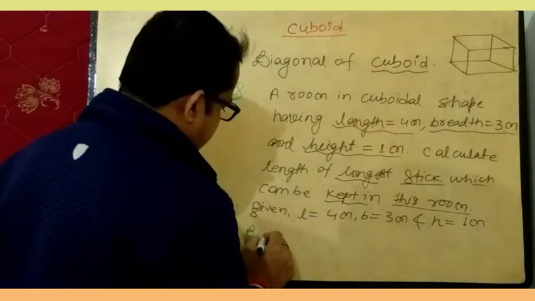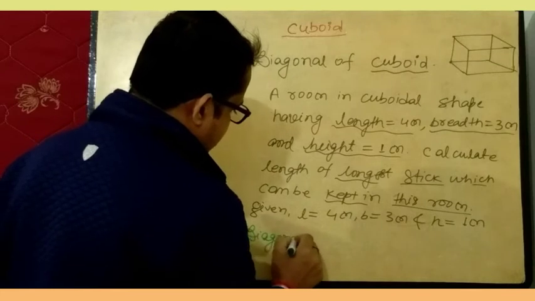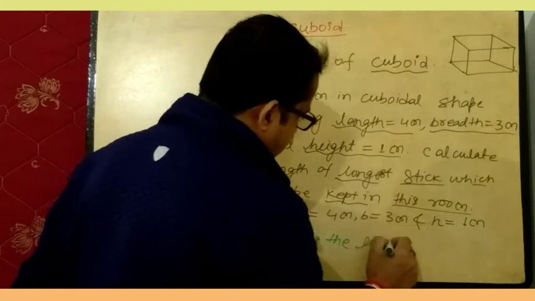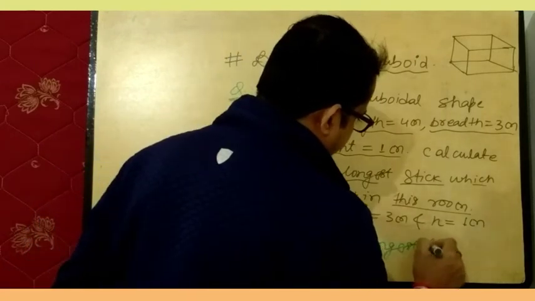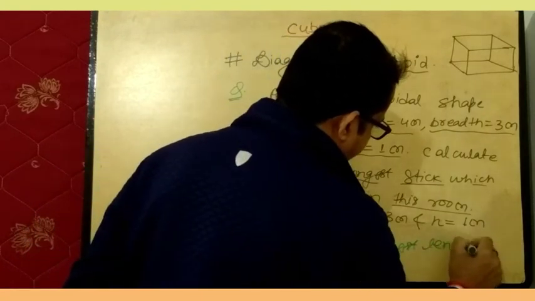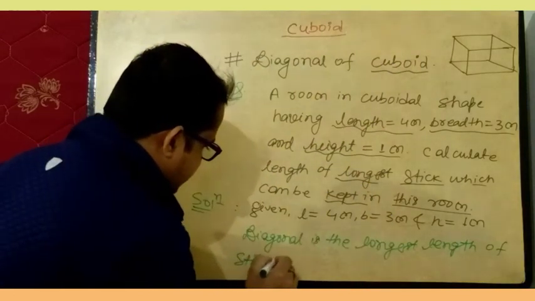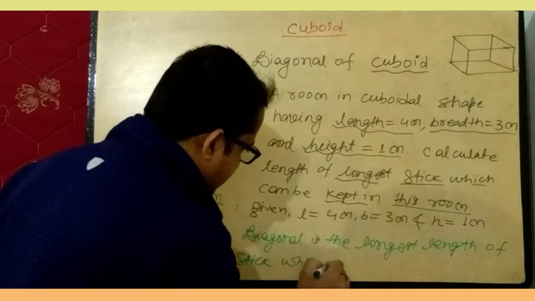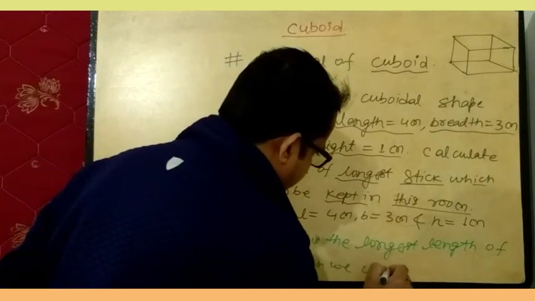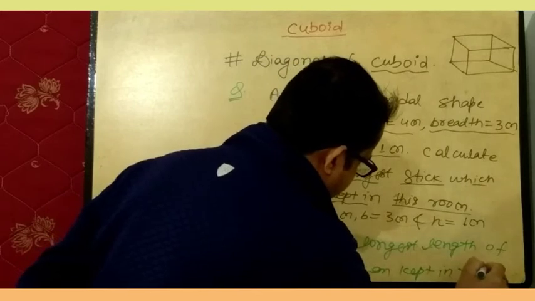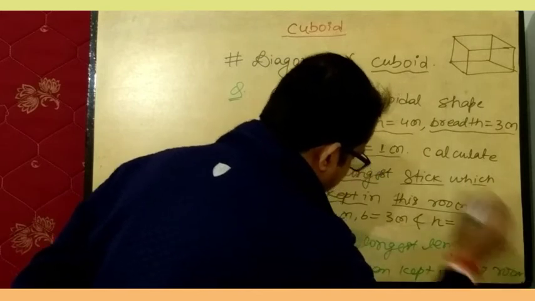Diagonal is the longest length of stick which we can keep in this room.